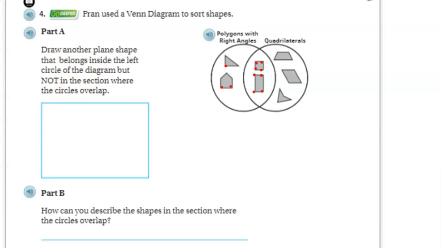So draw something that belongs on the left-hand side. These have right angles, but they can't be quadrilateral. So it can be right angles, but not a quadrilateral. So draw something that's not a quad.